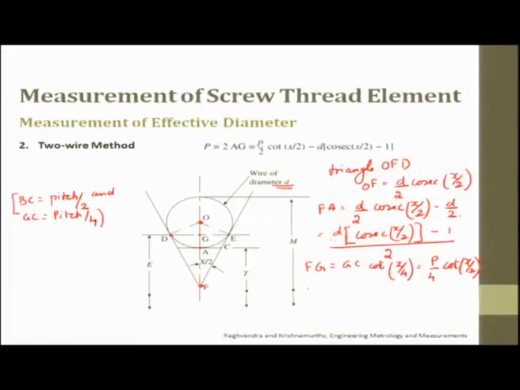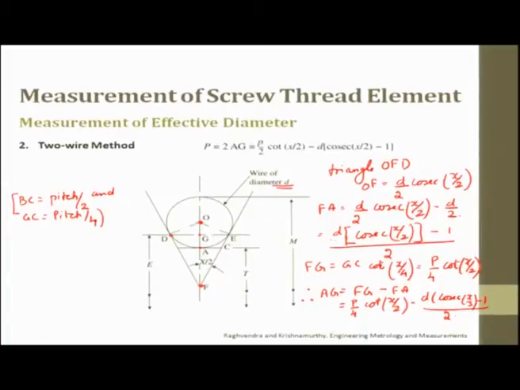Therefore, AG equals FG minus FA, which will come to P by 4 cot x by 2 minus d by 2 cosecant x by 2 minus 1.